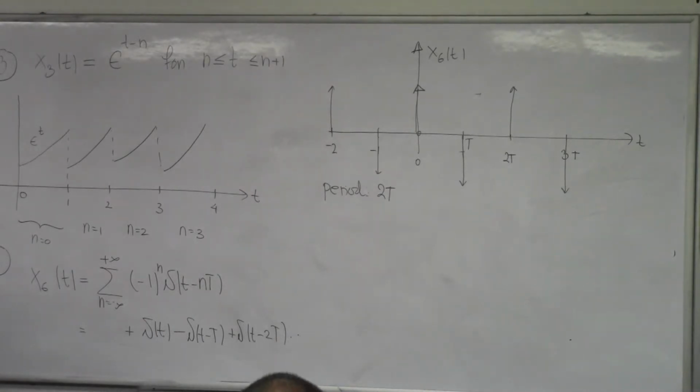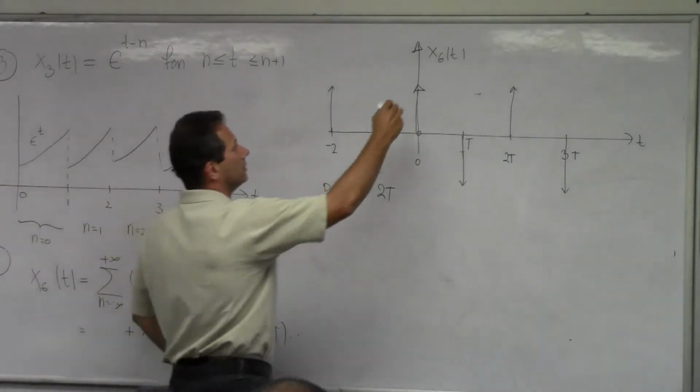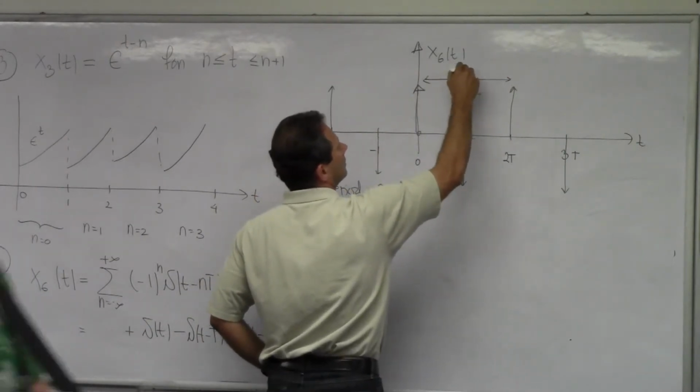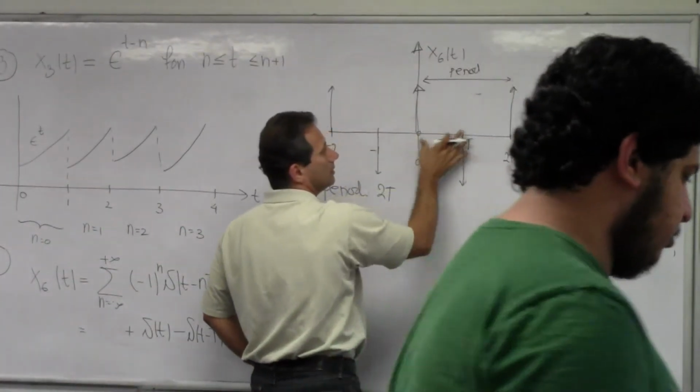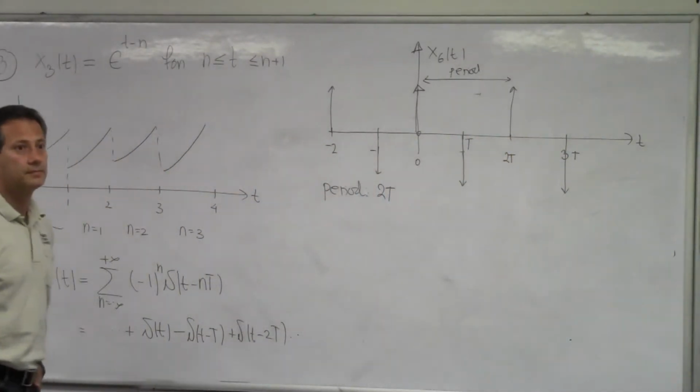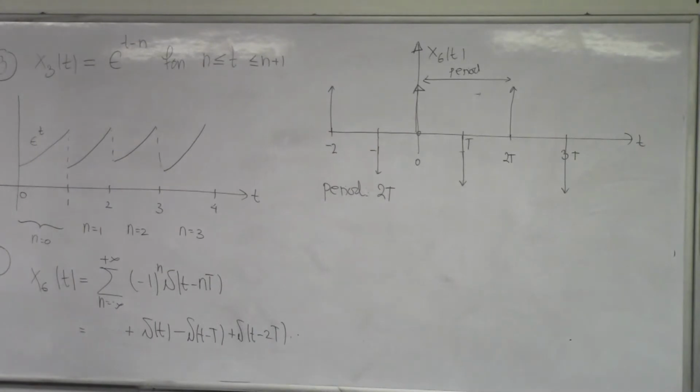Any other questions? How did you find the period is 2T? Just look at it. This is where it repeats, right? But can you find how to find the period from the function itself? Like a formal way?